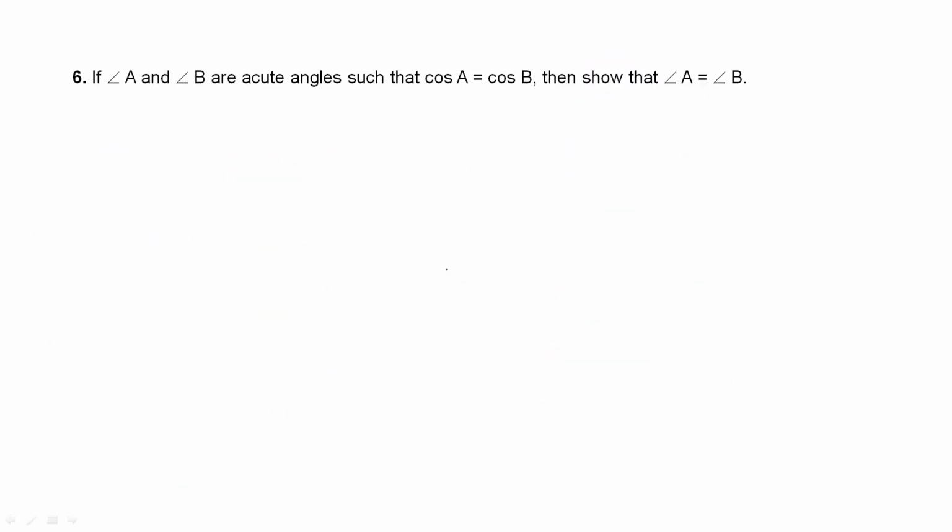If angle A and angle B are acute angles, such that cos A equal to cos B. Right. So if two angles are acute, and the angle is same also, suppose I am taking a right angle triangle, angle A is, what is acute angle?